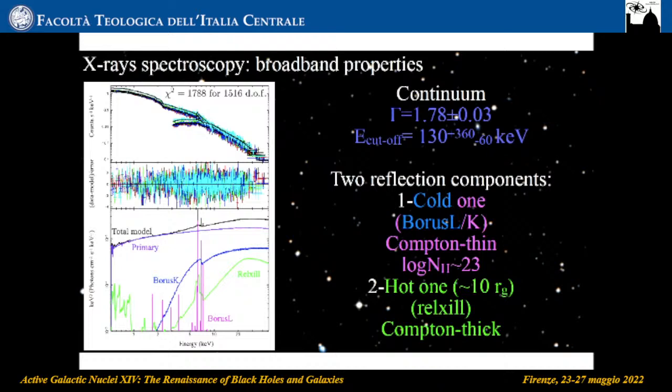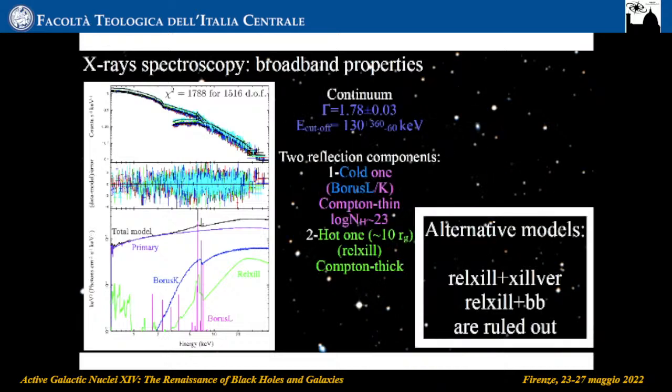We use a continuum emission accounting for the hot corona, and we have a tentative estimate of the energy cutoff, not really trustable in my opinion, plus a cold component due to Compton material that accounts for a sort of Compton hump that we don't really have in this object, plus a reflection component that is likely emerging from 10-ish RGs from the disk, and it's Compton thick material.